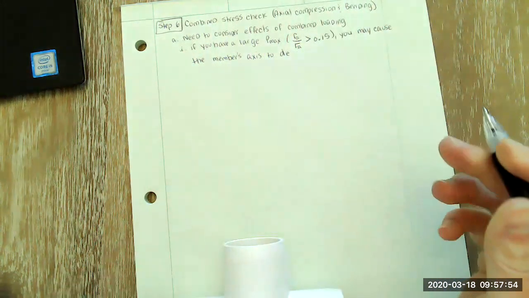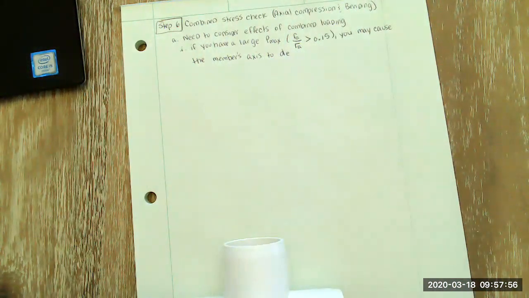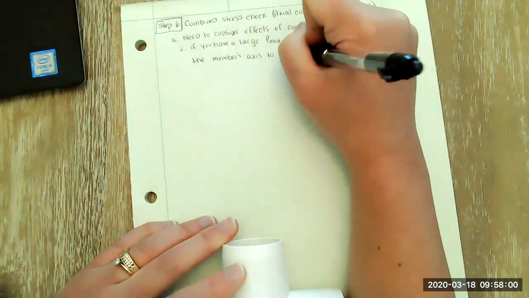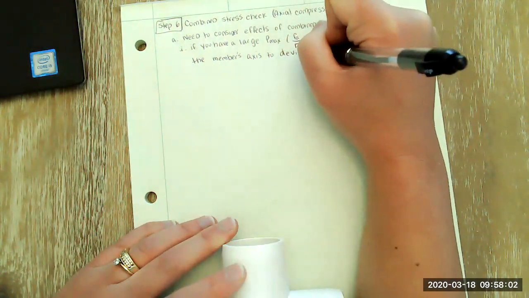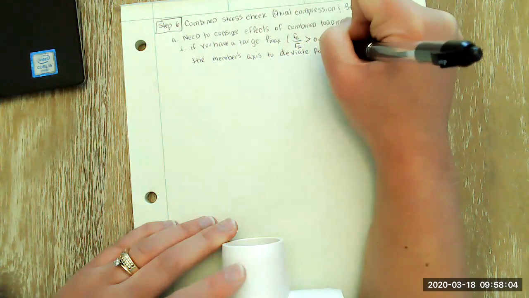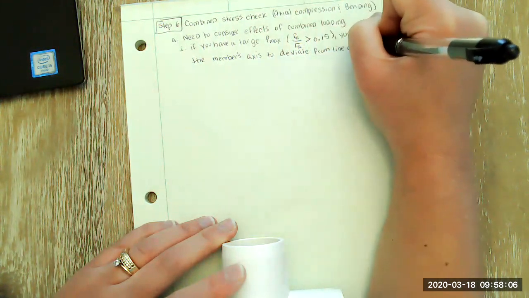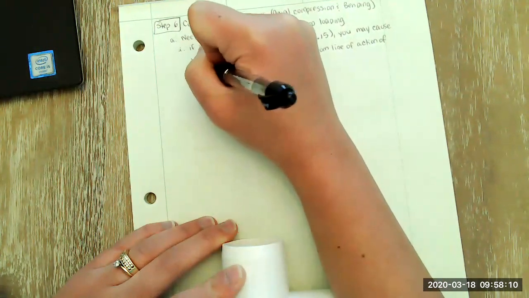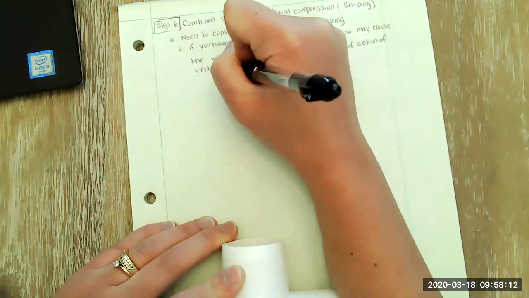So basically the axis, because it has such a heavy load, will sort of shift slightly to one side or the other. So deviate from the line of action of the vertical compressive load.